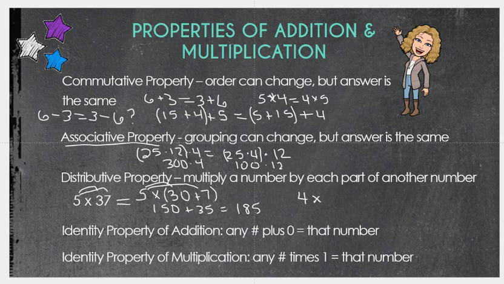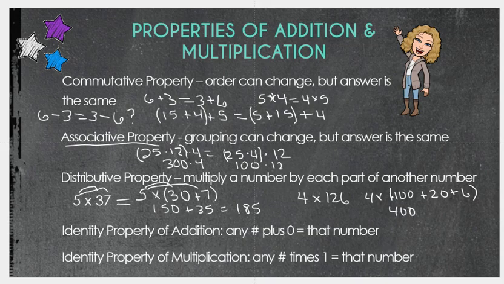So if they wanted to do 4 times 126, for example, that would be 4 times 100 and 20 and 6. So we would say 4 times 100 is 400.